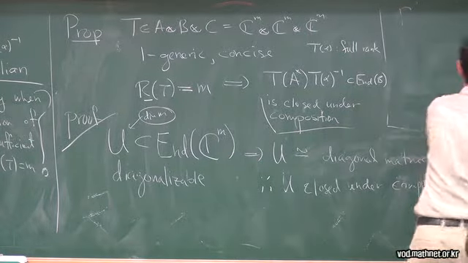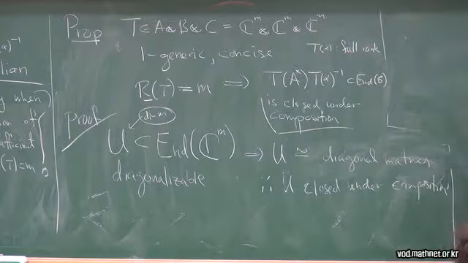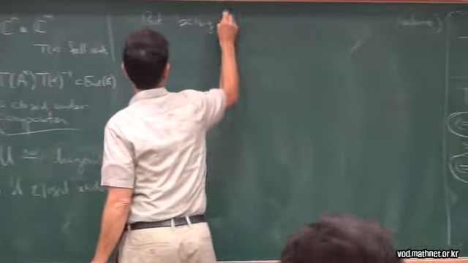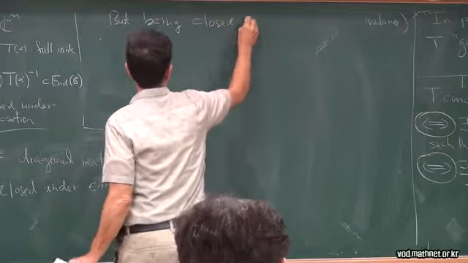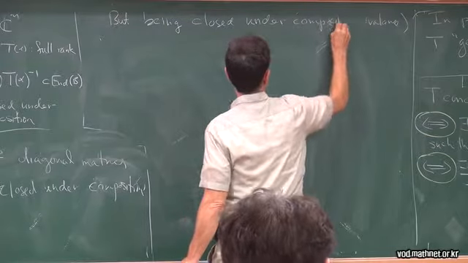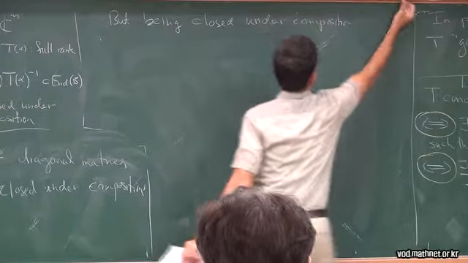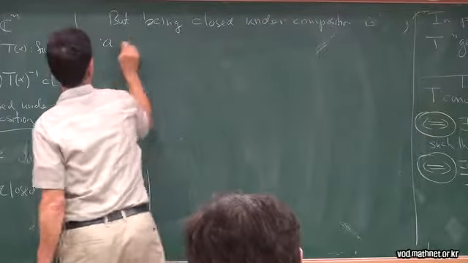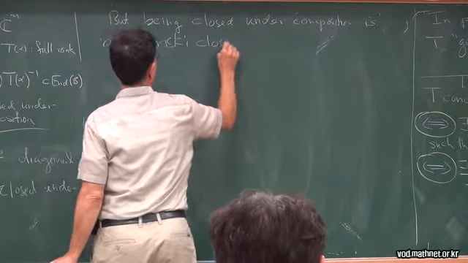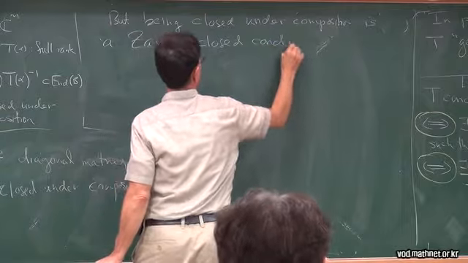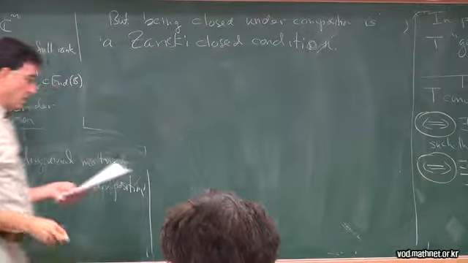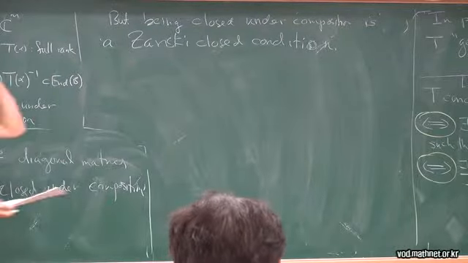But now, being closed under composition is a Zariski closed condition. That is, it's defined by polynomials.